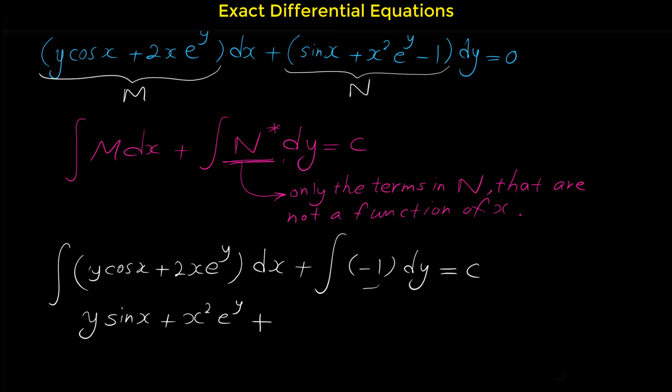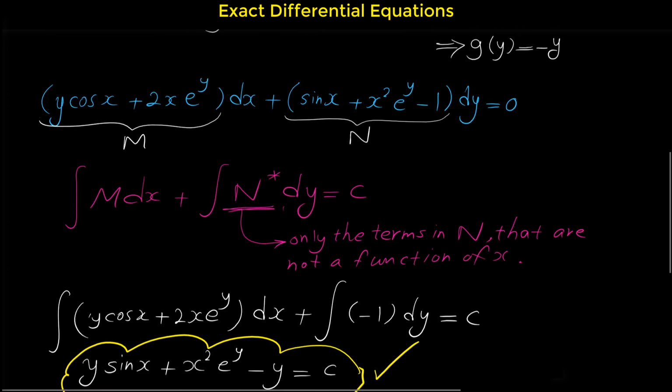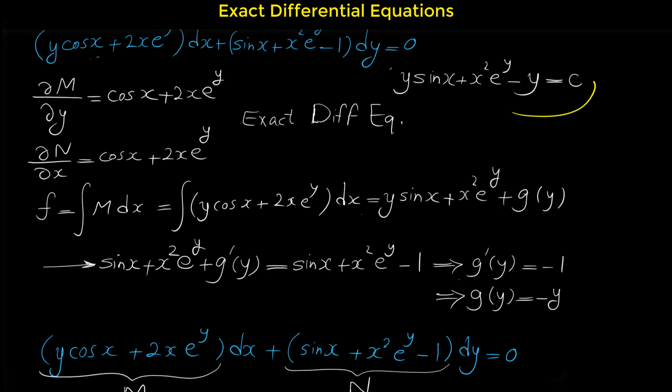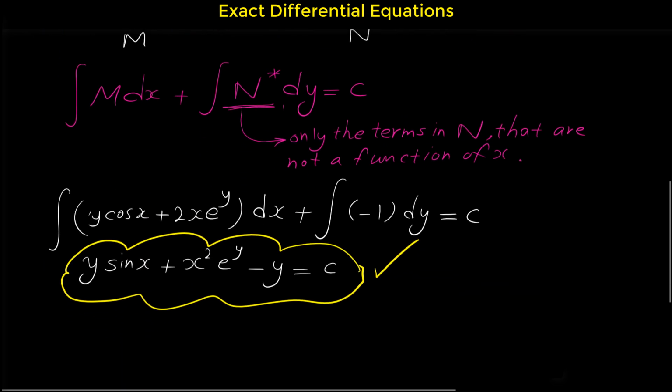And integral of negative 1 with respect to y is negative y, equals C. And this is the implicit solution of this exact differential equation. If you compare this answer with the answer we found here, you can see that the answers are the same.